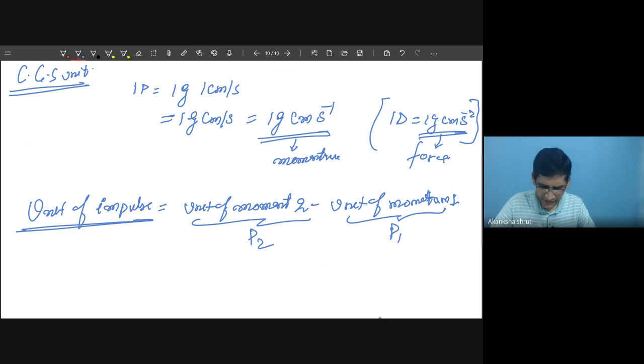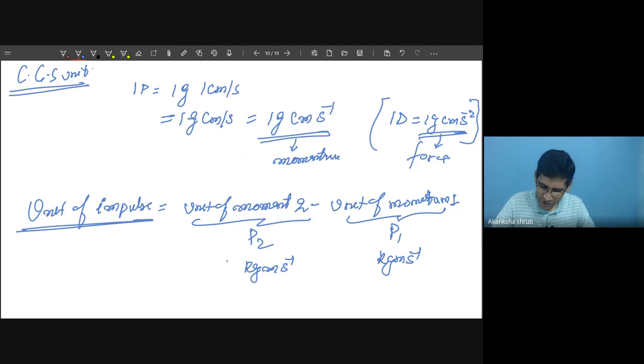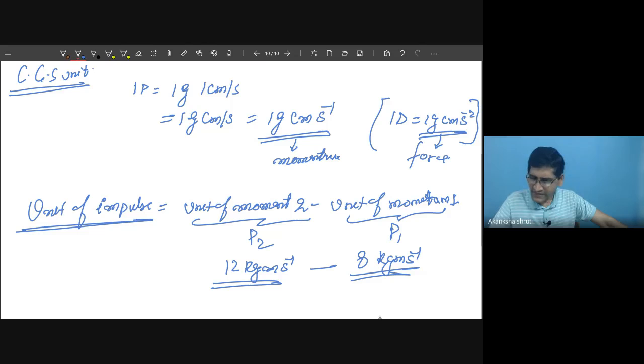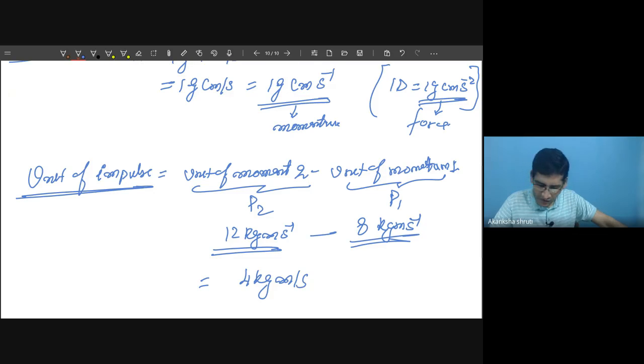P2 has some value in kg meter per second, and P1 also has some value in kg meter per second. Let us consider P2 as, say, 12 kg meter per second and P1 as 8 kg meter per second. Taking the difference, 12 kg meter per second minus 8 kg meter per second, we get 4 kg meter per second. Even the change has the same unit as the parent quantity.